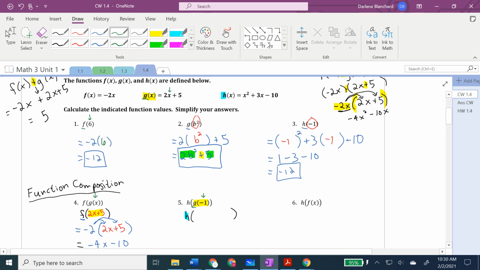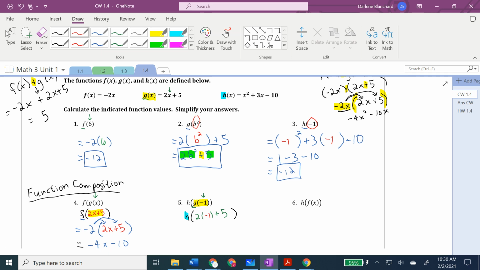So g of negative 1 is 2 times x plus 5. And then I plug that negative 1 into the x input spot.